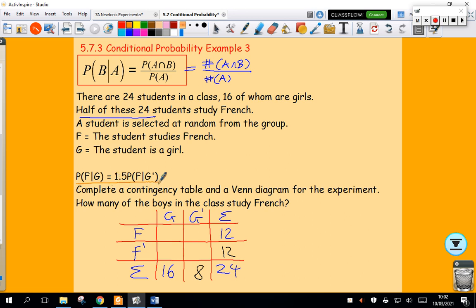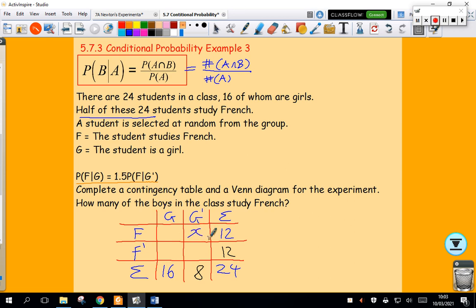But F given G is not a cell, and F given G complement is not a cell within my contingency table. So maybe I might decide to define a variable. I'm trying to find how many of the boys in the class study French. So, how many people in the class study French and are not girls?